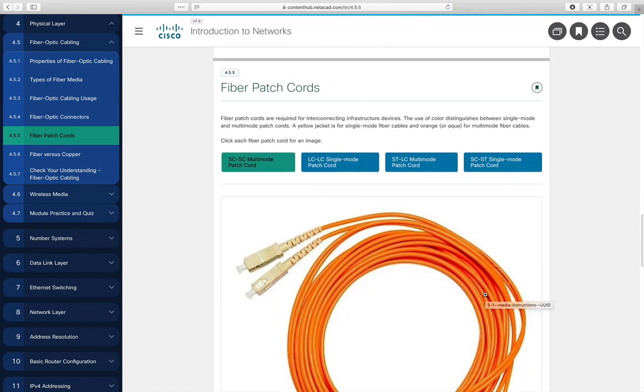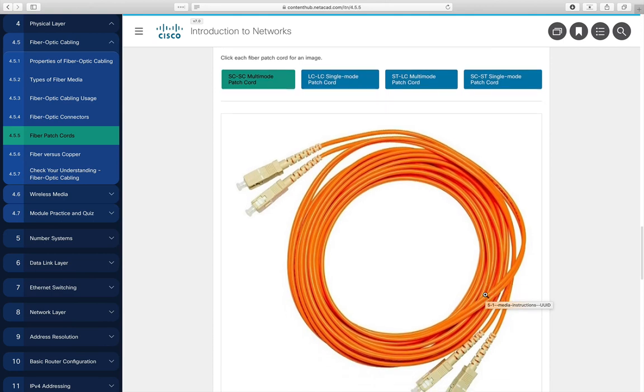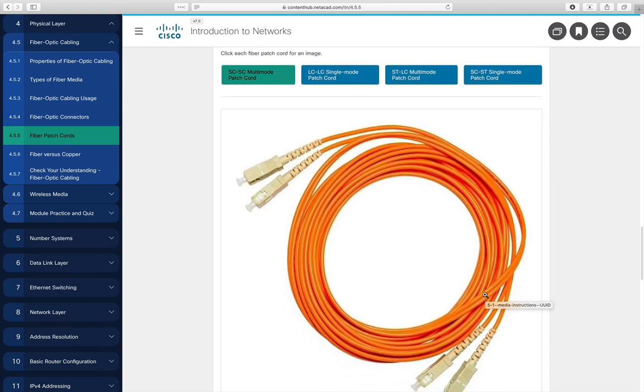We also have fiber patch cords. Patch cords are usually short or relatively short cables that are used for routing fiber around in a wiring closet or a data center. Here we have a straight SC to SC connectors on both ends.